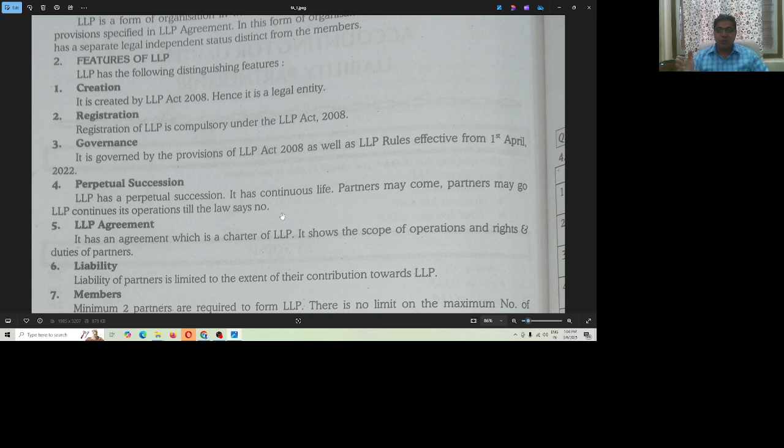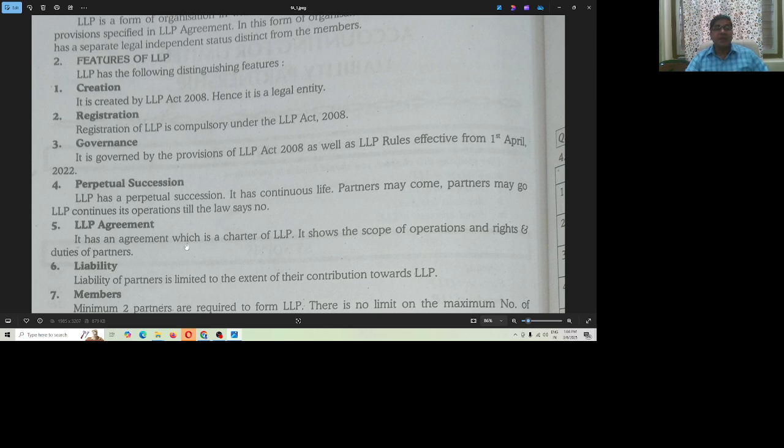There is no question about whether the partners are coming or going and leaving the partnership form. New partners are appointed again, but LLP has a continuous life. It means perpetual succession.